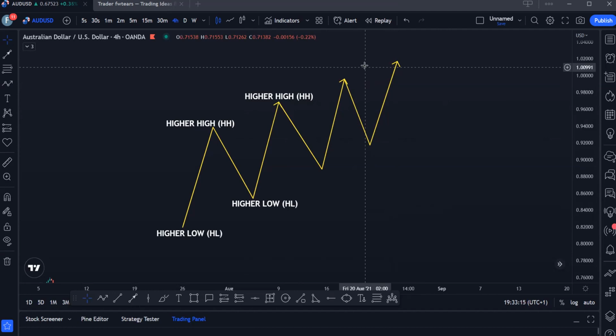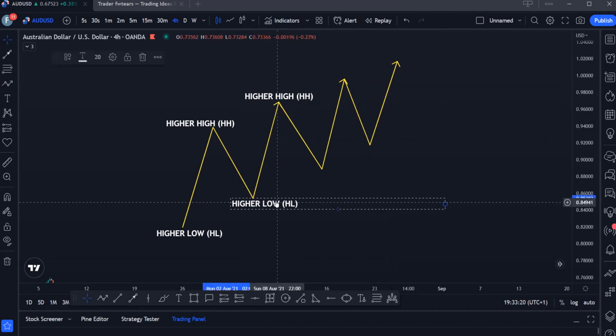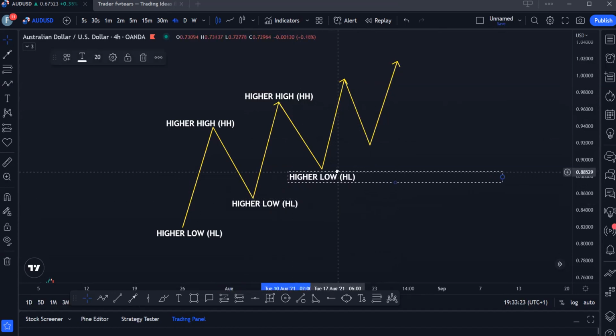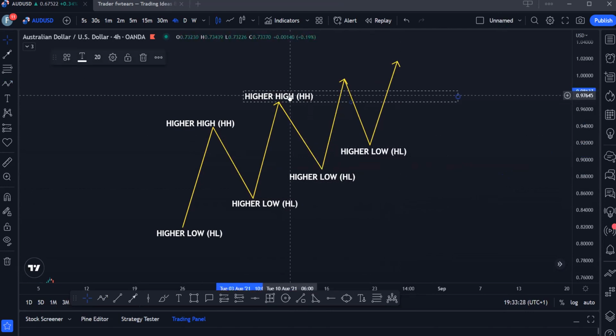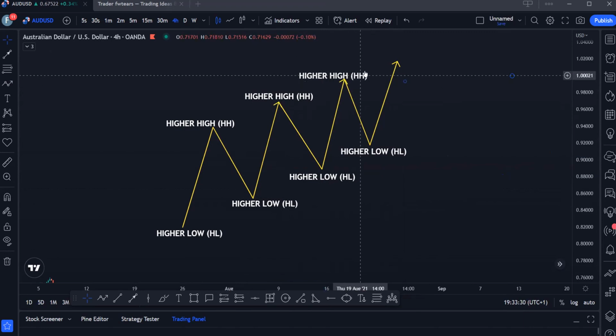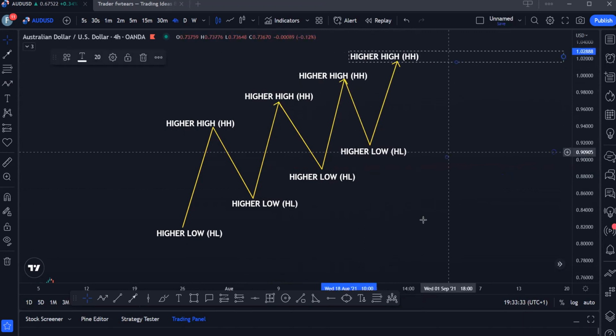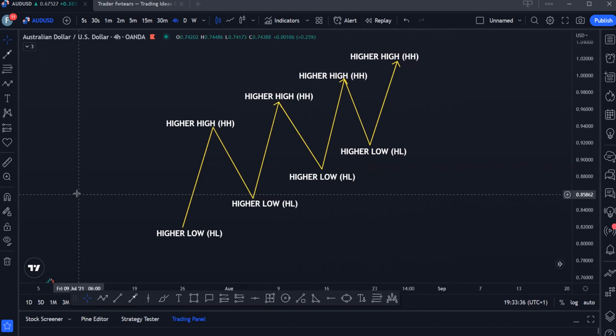That means the momentum is very, very bullish. All right, so this is higher low, like so, higher high, higher high. All right, so these are terms that you need to learn, because we look at the market and then we spot all of those things, because you need to be able to interpret market structure.